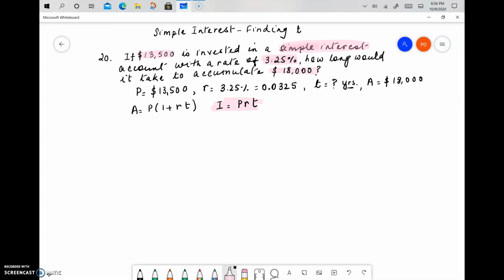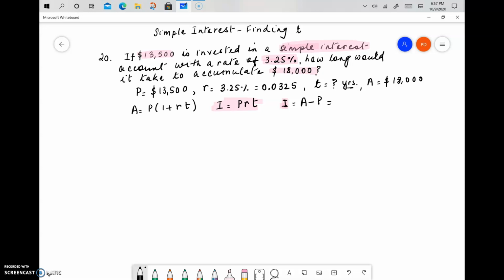So what is I? I is the interest. What is the total amount of money that is interest in this account? So if we know the ending amount, that is the future value, subtract the present value from it, that would be your interest amount I.